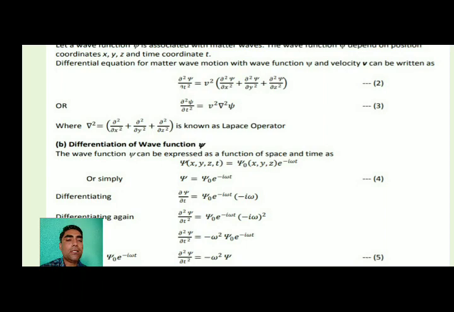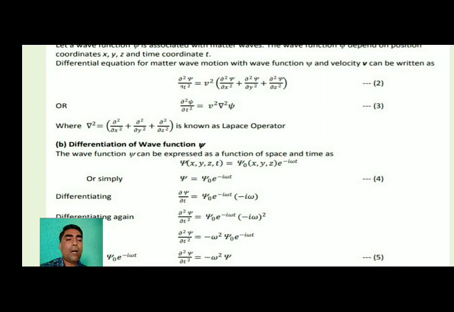If we again differentiate with respect to t, then del squared by del t squared operating on psi equals psi 0 times e to the power minus i omega t times one more multiplication of minus i omega, so we get the term minus i omega squared. So del squared by del t squared of psi becomes minus omega squared psi 0 times e to the power minus i omega t, because when we square the negative sign it becomes positive, the square of omega becomes omega squared, but the square of i, the imaginary unit, becomes minus 1.